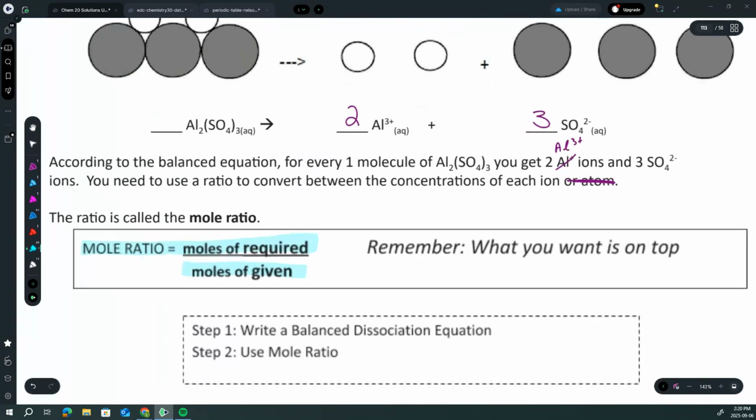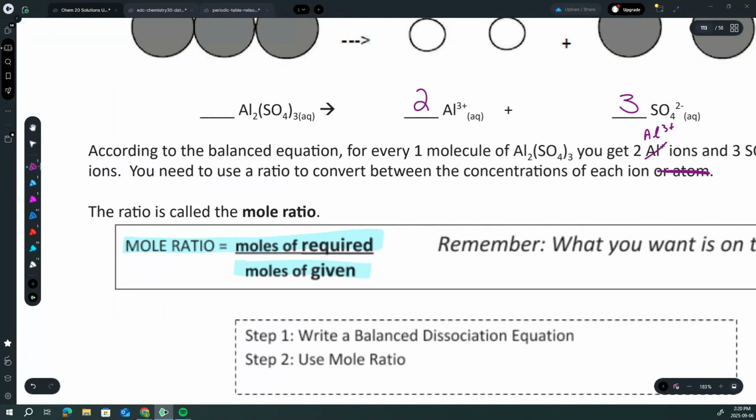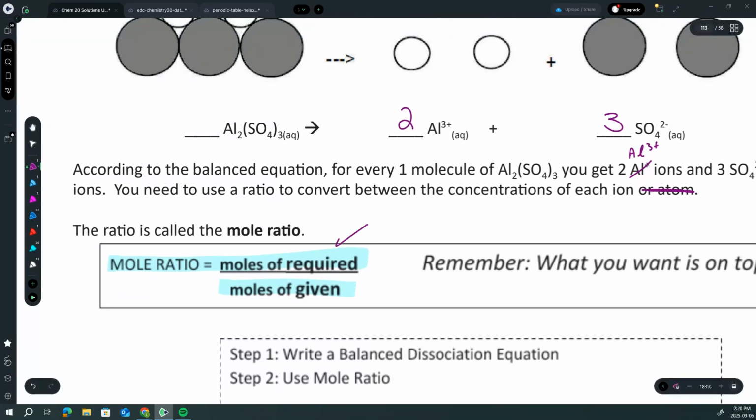Okay, so the mole ratio is equal to the moles of the required substance, so what you're looking for, divided by the moles of the given substance. The numbers that you put in the mole ratio come from the coefficients of a balanced chemical equation. That's why you first need to balance the equation before you get to the mole ratio.